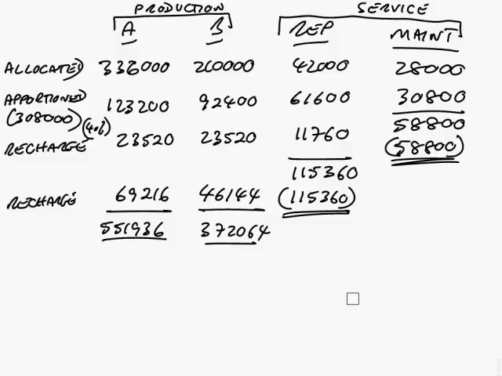Department A, for example, we know what the total overheads are. We're going to work out a cost per hour, as I say, it's always either a cost per labour hour or a cost per machine hour. If you're not told, use some sense.